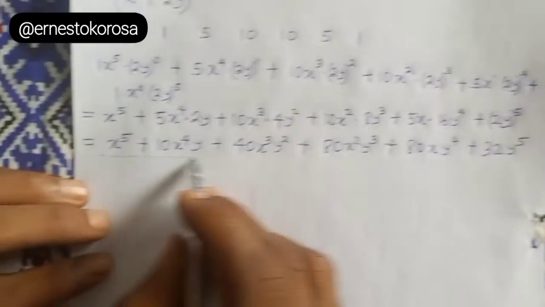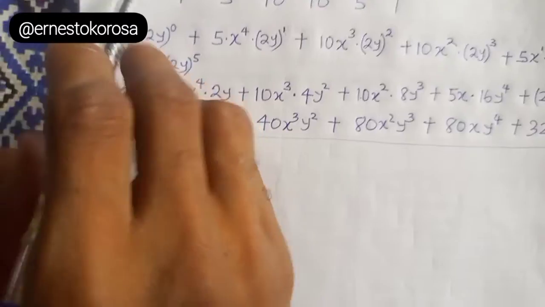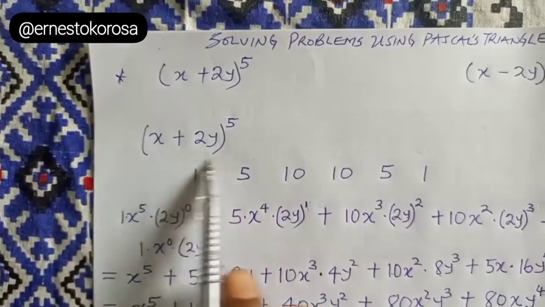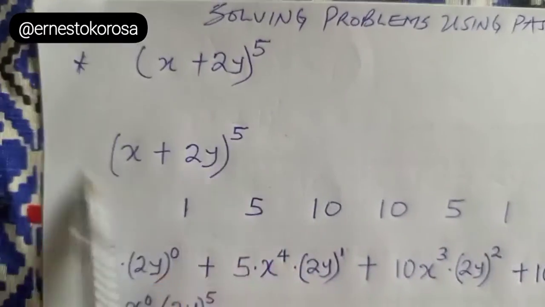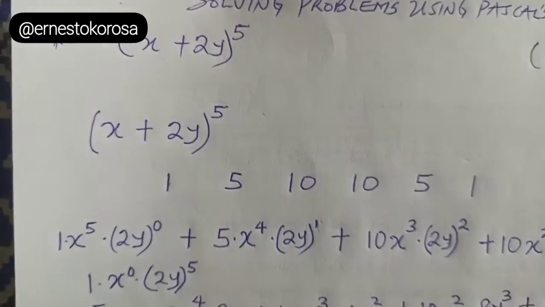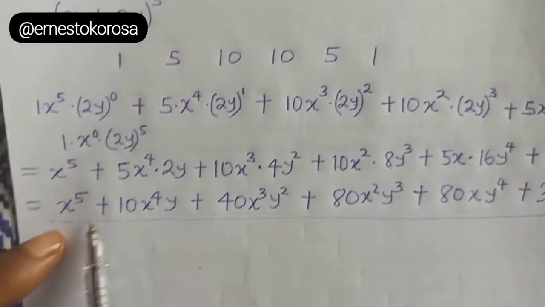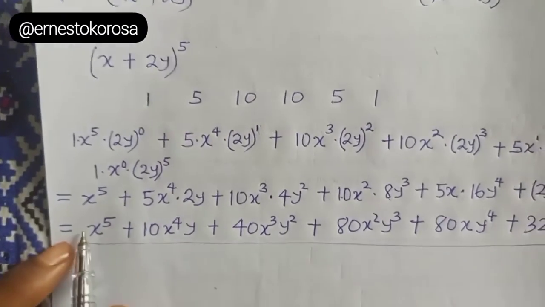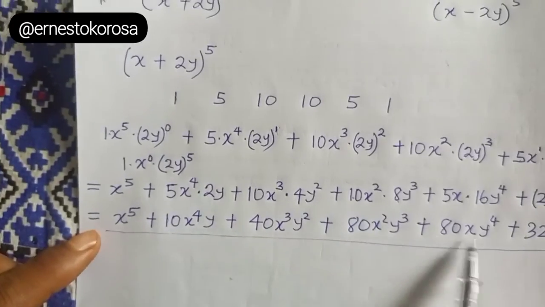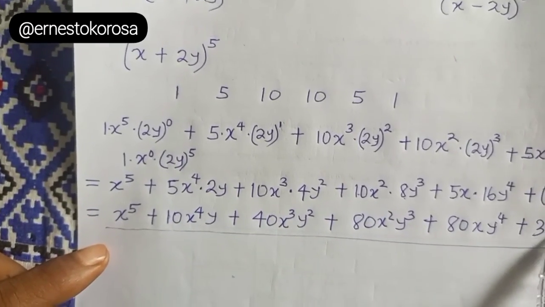Now this gives us the final result of this expression. You see the coefficients 1, 10, 40, 80, 80, 32.